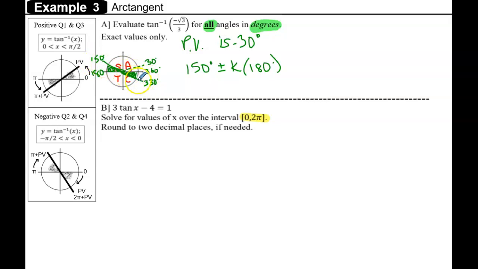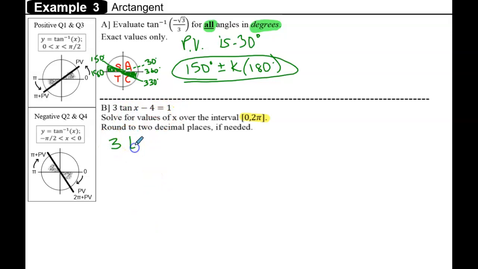And then 330 plus or minus another 180 would always take me back to a coterminal angle with 150 degrees. So this would be the expression representing all angles in degrees for which the arctan is negative root 3 over 3.